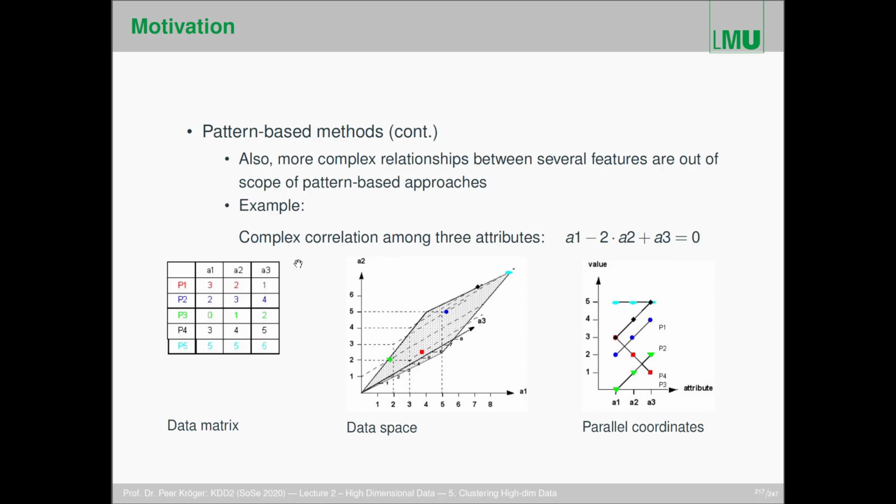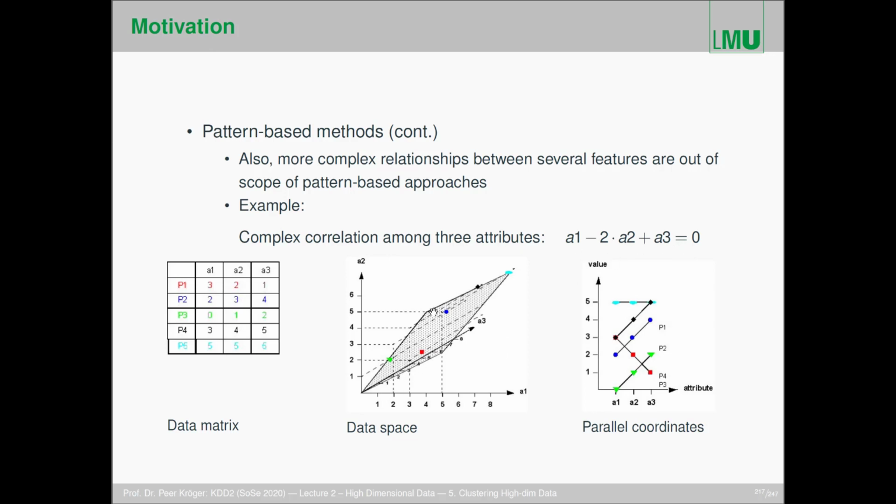So here is an example. The data set here has a very complex correlation among three attributes. You can think of those as the only relevant attributes here, and the correlation is a1 minus 2 times a2 plus a3 equals 0. So there is obviously a very complex linear correlation going on between these three features.